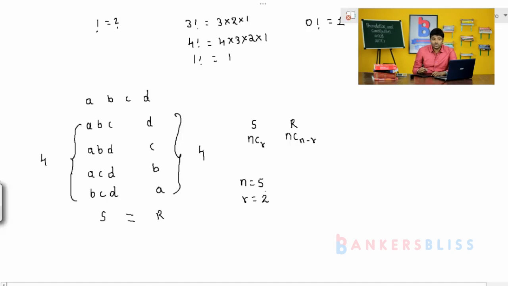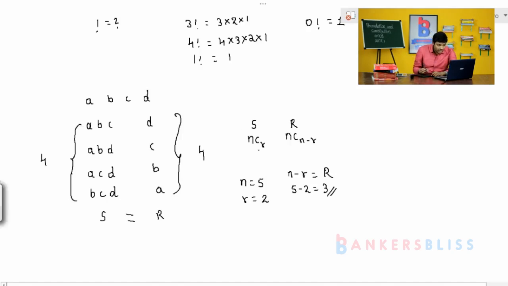Then how many items are you rejecting? 5 minus 2, so 3. You are rejecting 3 items. So n is equal to 5, r is equal to 2, therefore n minus r is the rejection. The number of ways of selection is equal to the number of ways of rejection.